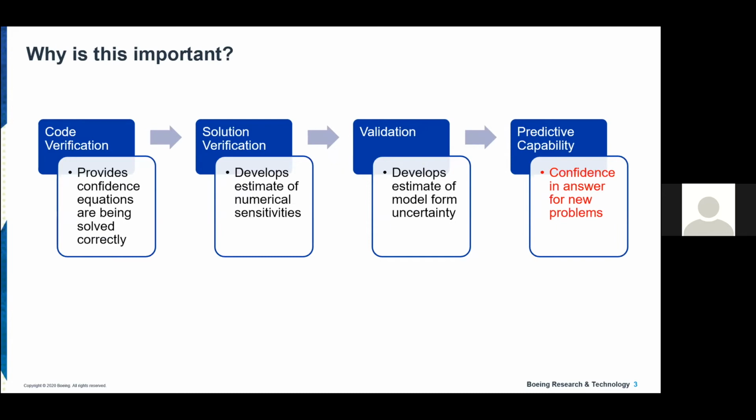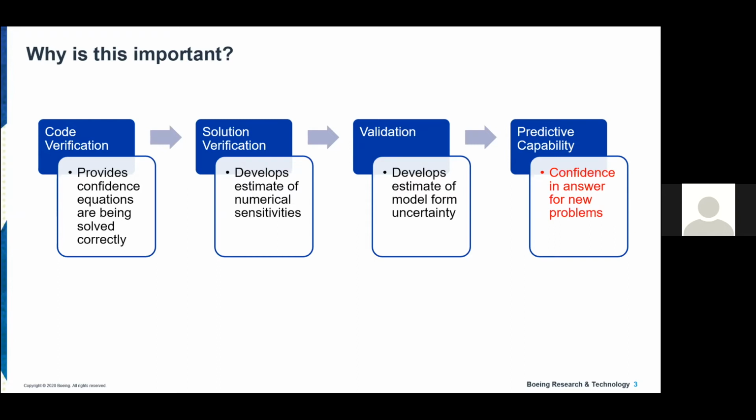Validation is then the next step, where we're actually trying to compare how good that model is so we can get an estimate of model form uncertainty. And when you combine these three steps, we're trying to get to predictive capability, because typically we're not going to just run CFD on a case where we already have experimental data.